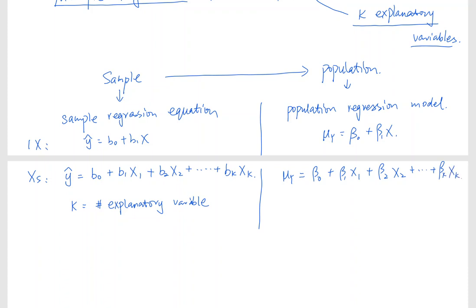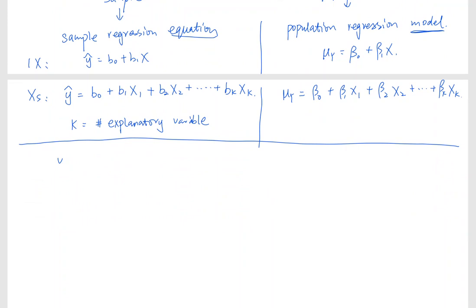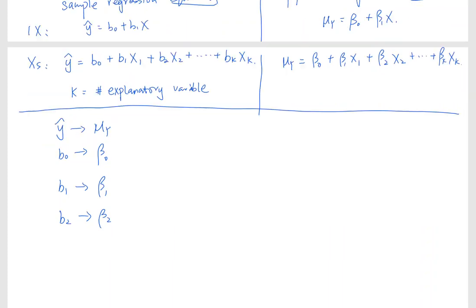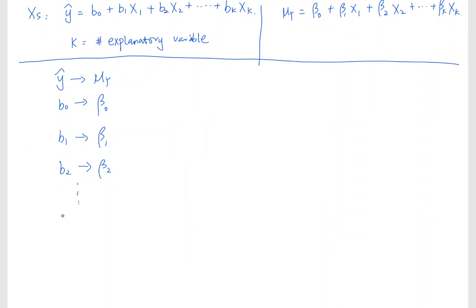Alright, so this will be the multiple regression equation and the population model. It is still similar. We use y hat to estimate the population mean of y. We use b0 to estimate beta 0, b1 to estimate beta 1, b2 to estimate beta 2, and others until, for example, bk to estimate beta k.